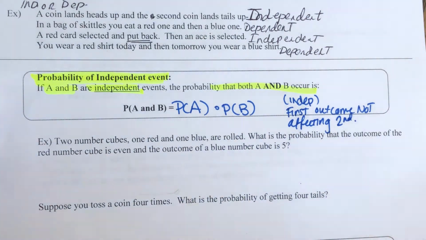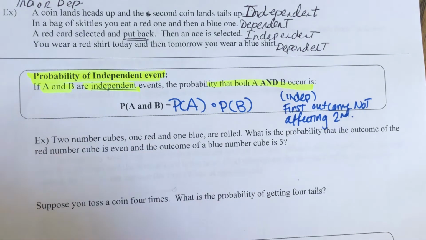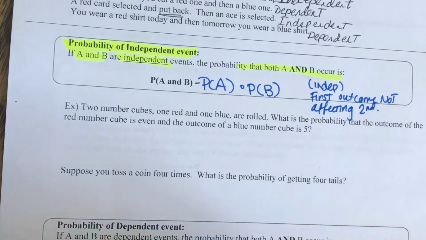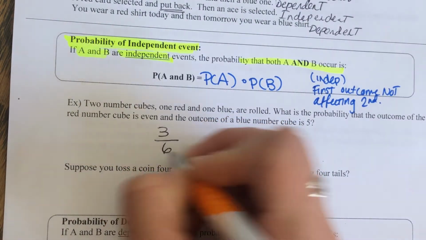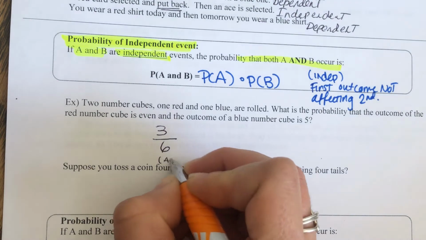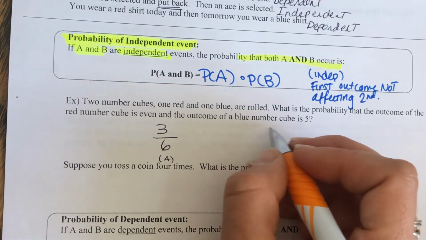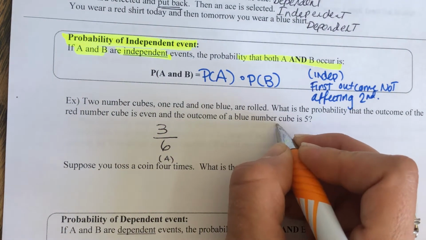It's pretty simple. The probability of A times the probability of B. So watch how easy that is. Two number cubes, one red and one blue, are rolled. What's the probability that the red one is even? If you're 1 to 6, even would be 3 out of 6 for event A. And what's the probability that the blue is 5?